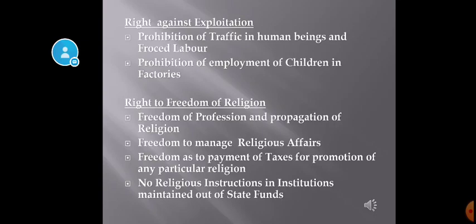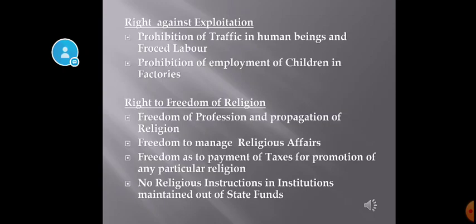The third point describes freedom as to payment of taxes for promotion of any particular religion. No taxes shall be levied, the income from which is meant for the maintenance of any particular religion. It is against the ideals of a secular state to pay out of public funds and money for the promotion of any particular religion.